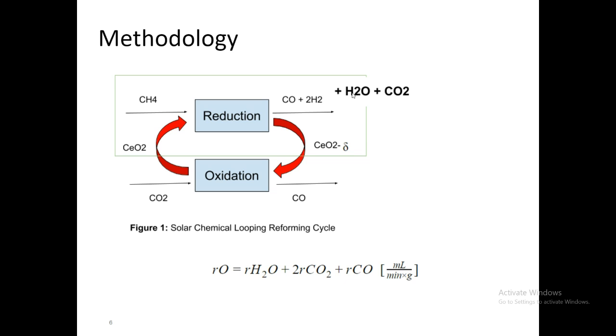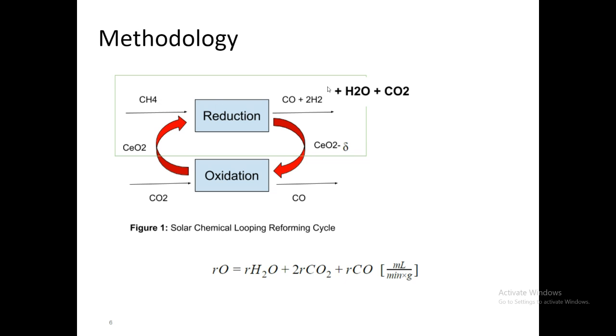So in order to calculate delta, we need to find the number of moles of oxygen versus the number of moles of ceria oxide, because in the end, delta represents the amount of oxygen lost relative to the ceria oxide. So we start by asking, how much oxygen is involved in this?